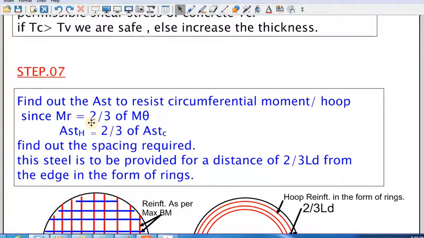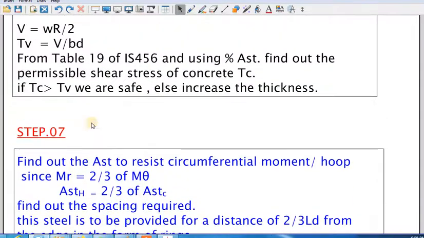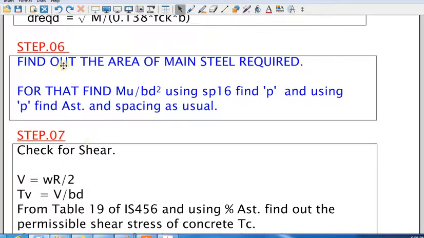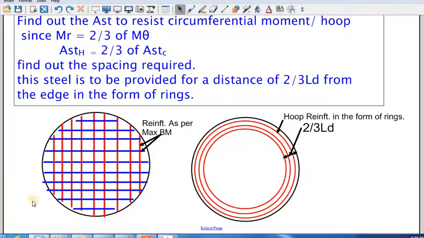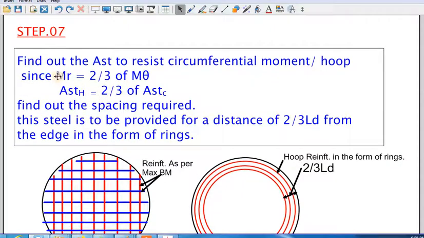Another thing is that whatever steel you have found out using the previous step is the main steel. As I told you, there can be some radial stresses also at the support. We know that the radial moment MR is equal to 2 by 3 of M theta.